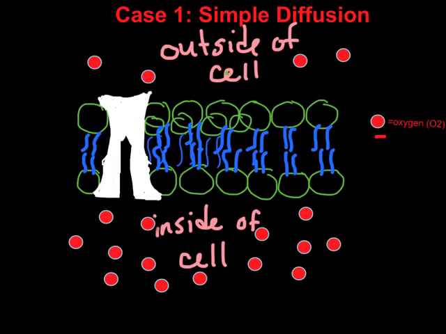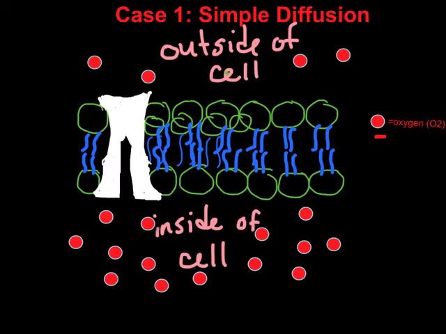And what we know about oxygen is that it is a tiny, small molecule. So oxygen is really small. Since it's so small, those molecules are going to be able to go directly through the phospholipid bilayer when they want to move from the inside of the cell to the outside of the cell or vice versa.